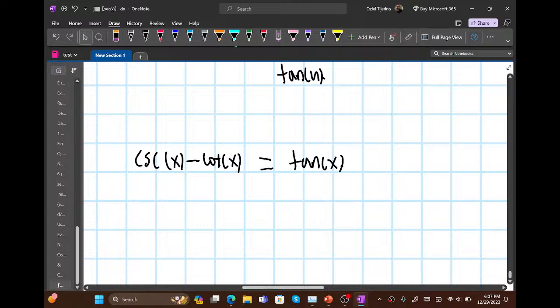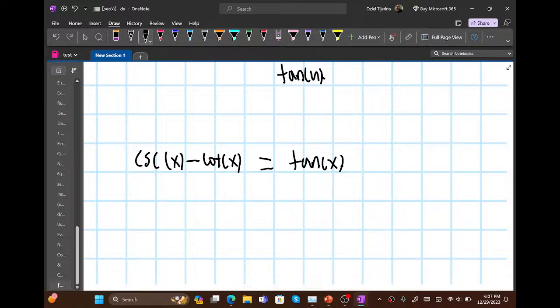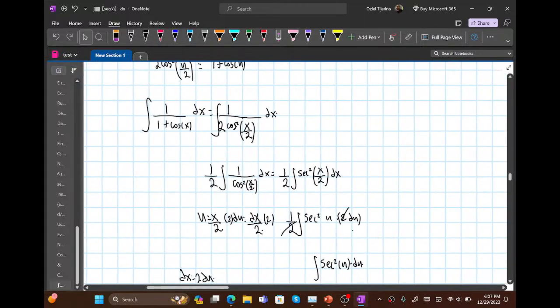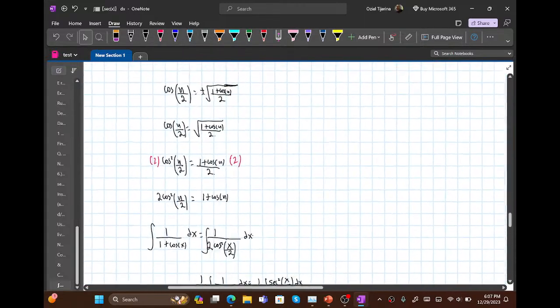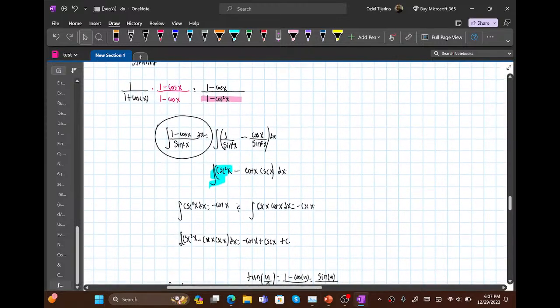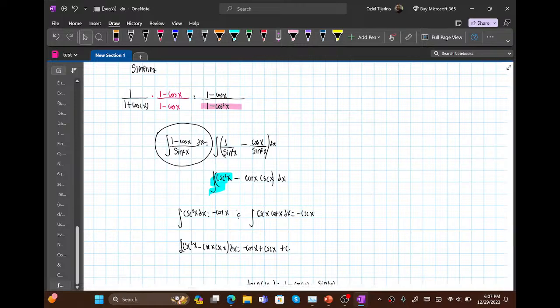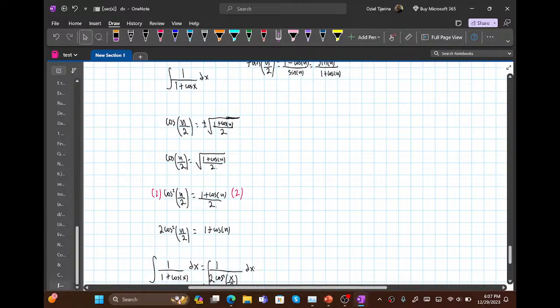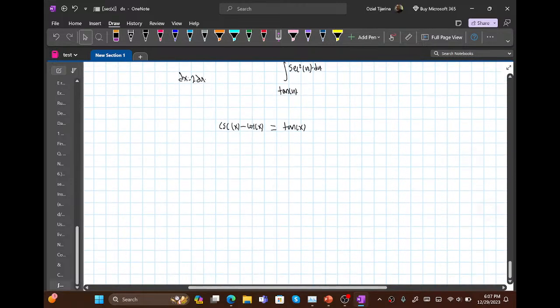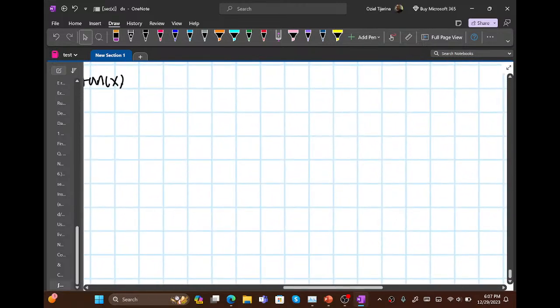Is that not what we had at the very beginning? Is that not what we had with the other answer when we did cosecant minus cotangent? Because that's what I got when I did the 1 over 1 plus cosine, when I did it by conjugates.